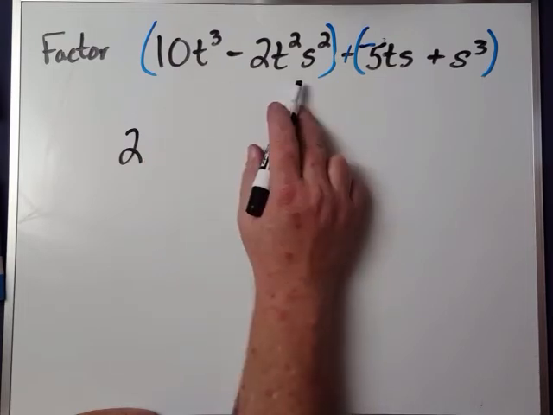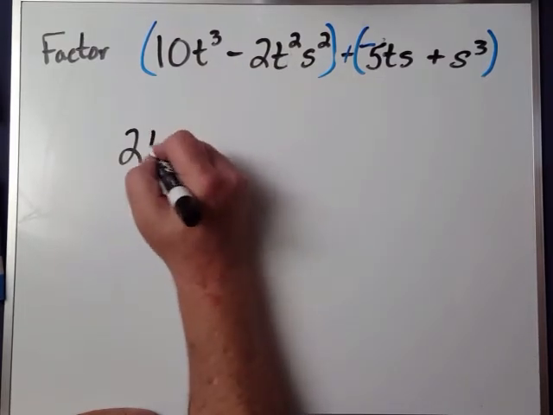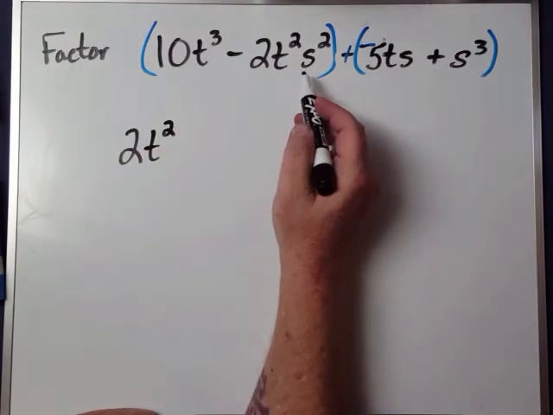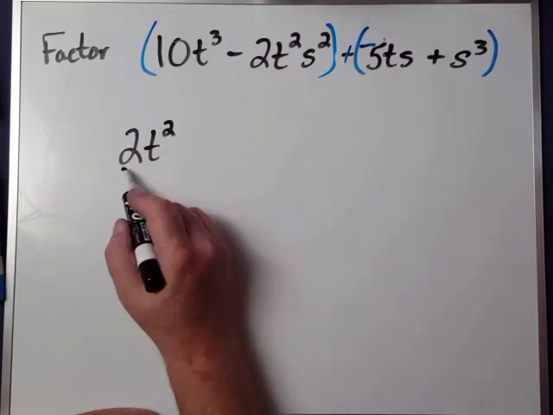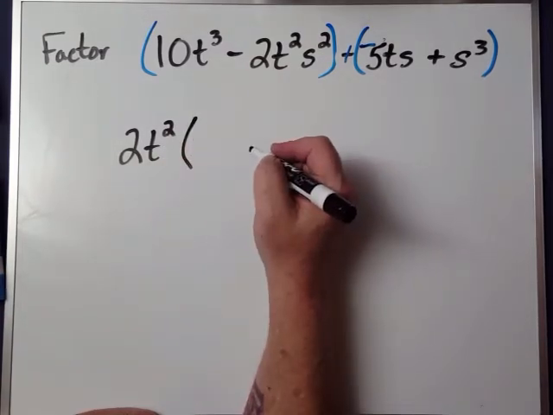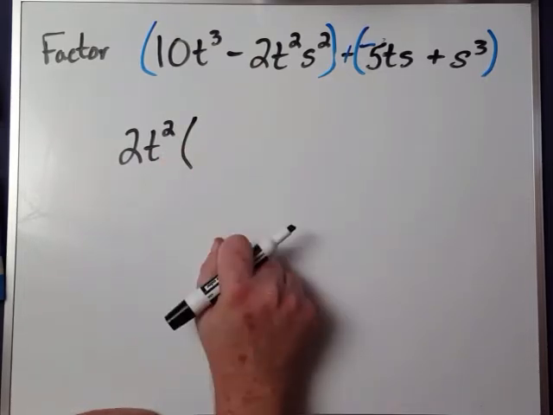And as to my variables, they both contain some t's. The smallest power on t is 2, so t squared. Do they both contain some s's? No. So the greatest common factor is 2t squared. Factoring out 2t squared, and if you didn't get this part right, pause again and fix this.